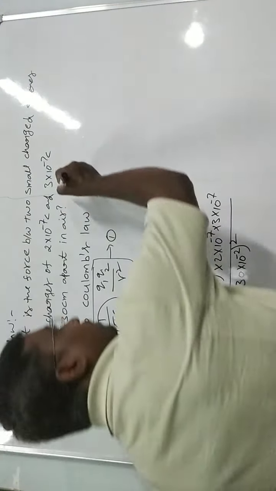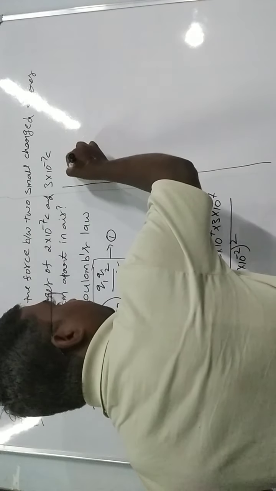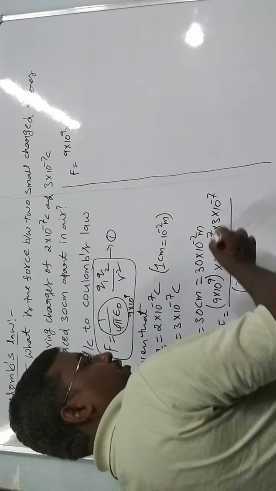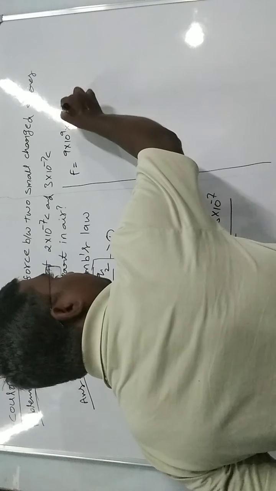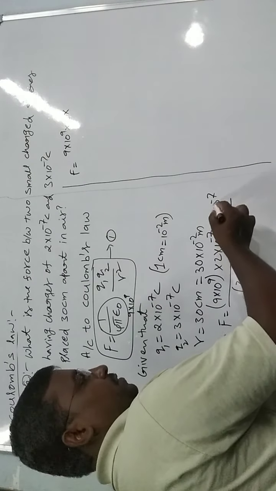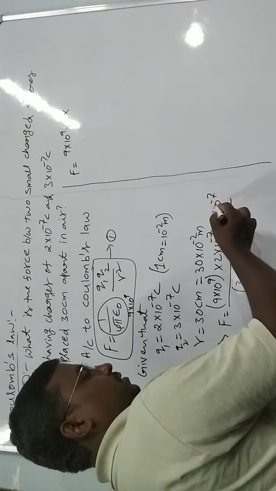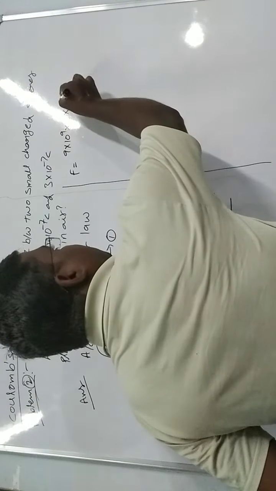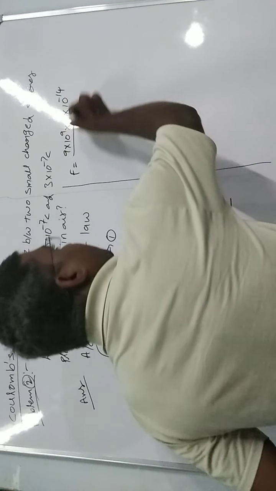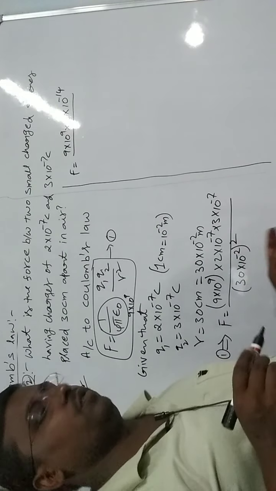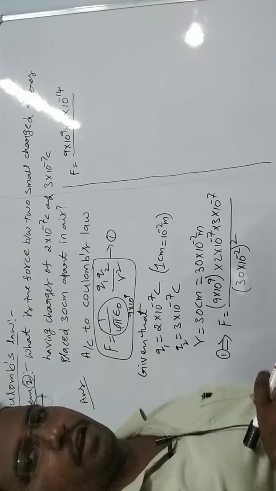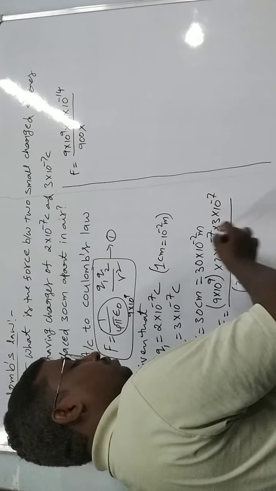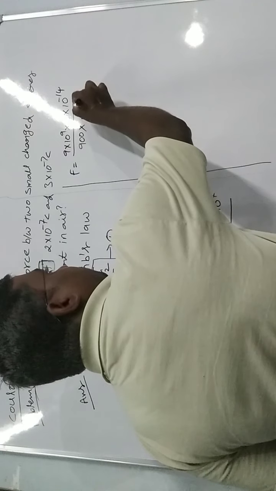Then what is the next step? F equals 9 into 10 power 9 into 2 into 3, that is 6, into 10 power minus 7 and 10 power minus 7. Then 10 power minus 7 and 10 power minus 7 is 10 power minus 14, by 30 into 10 power minus 2 whole square. 30 whole square is 900, and 10 power minus 2 whole power 2 is 10 power minus 4.